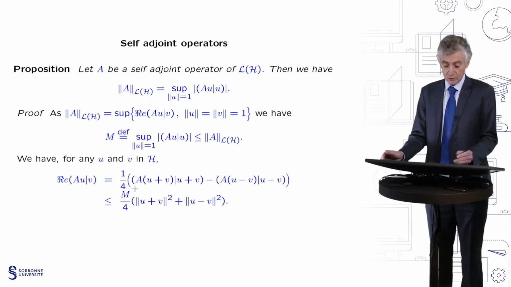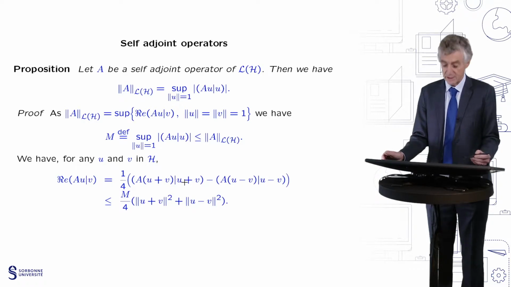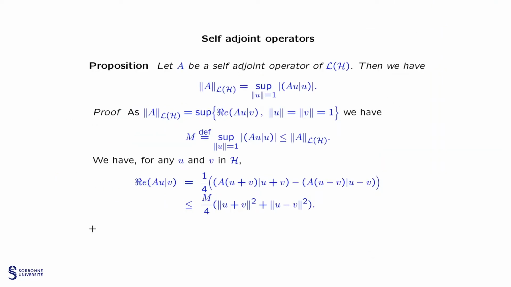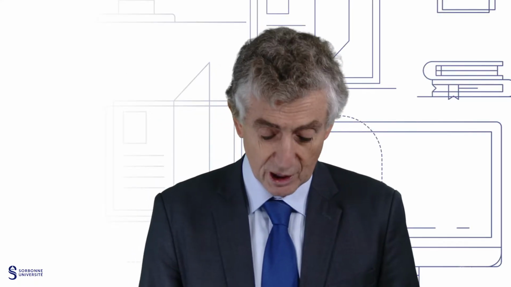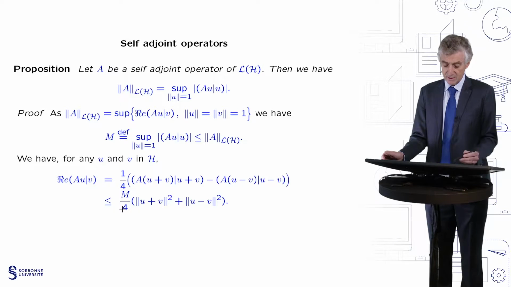So when you compute here, the quadratic terms ⟨Au, u⟩ and ⟨Av, v⟩ disappear, and you have only ⟨Au, v⟩, or some permutation of this, but because of self-adjointness, this is equal to the real part of ⟨Au, v⟩. And this here, by definition of M, and through a homogeneity argument, is less than M over 4 times this quantity.